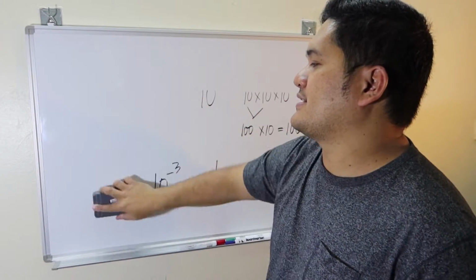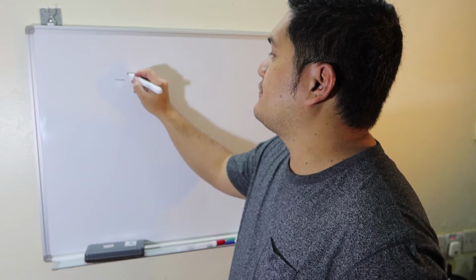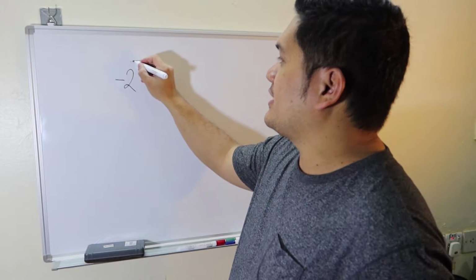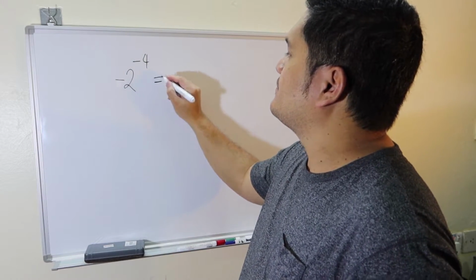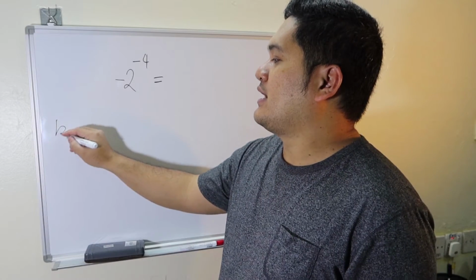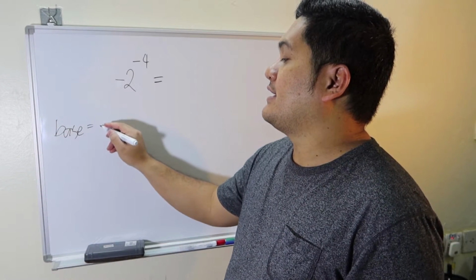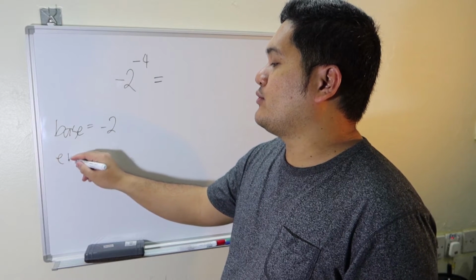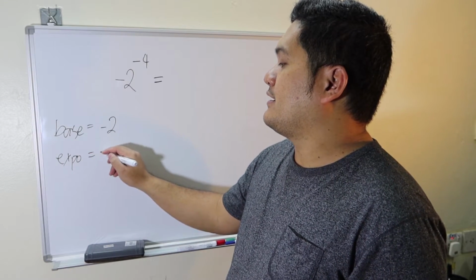Again, let's have another example. If you'll have negative 2 raised to negative 4. Ang base mo dito is negative 2. Ang exponent mo dito is negative 4.